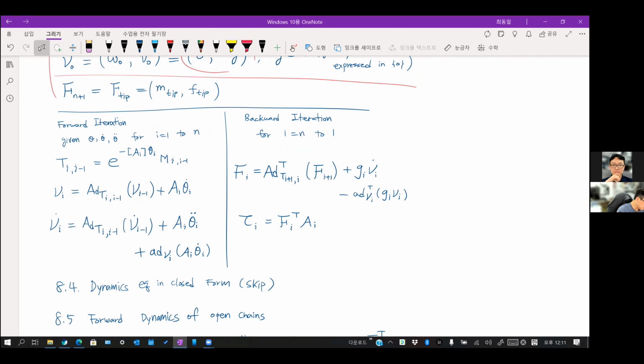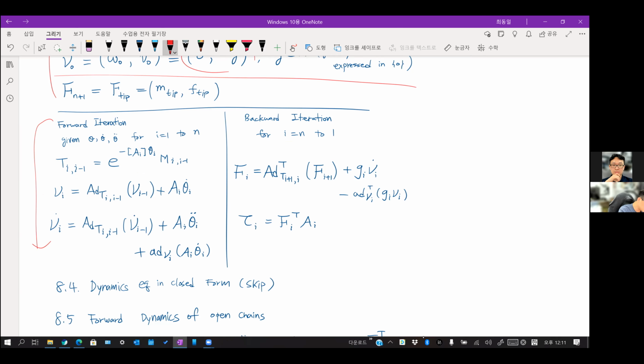And this one is the preparation to calculate the forward and backward iteration. And if we know this information, we can calculate the forward iteration using this equation. And in here, we have to know T_{i,i-1} to calculate this kind of thing, and these are calculated by using this equation. And then by doing this, we can calculate velocity and spatial acceleration.